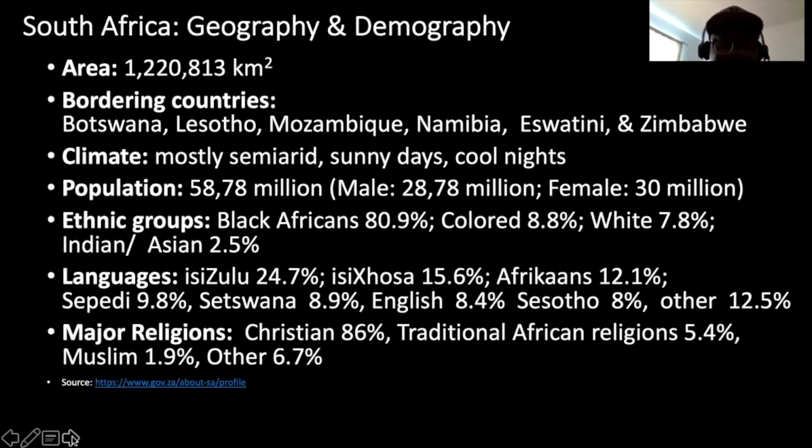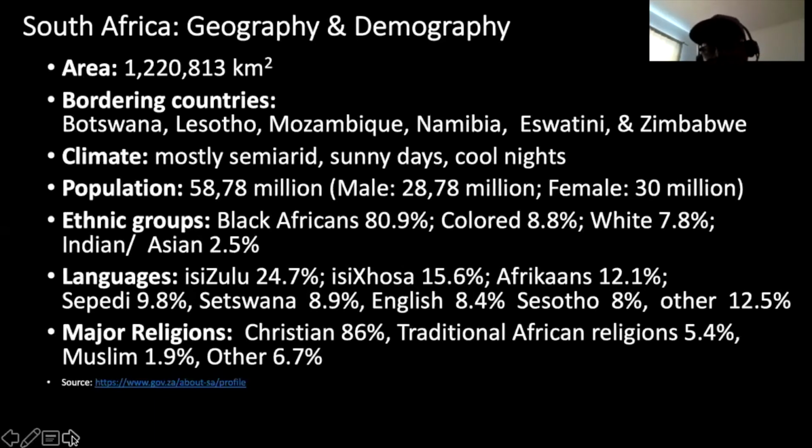The ethnic groups, and here I have to emphasize that we are concerned about the main ethnic groups. Black South Africans constitute about 80.9% of the entire population, and the colored population constitutes about 8.8%. Colored here refers to those who are not originally South Africans, but migrated from the Netherlands into South Africa.